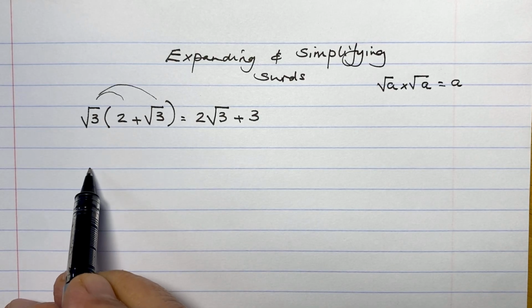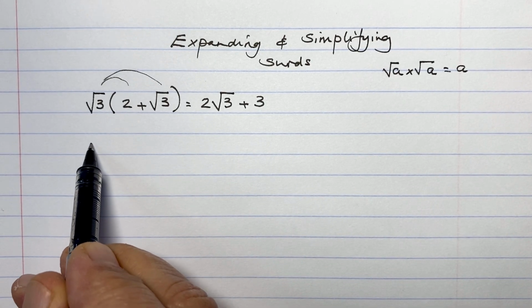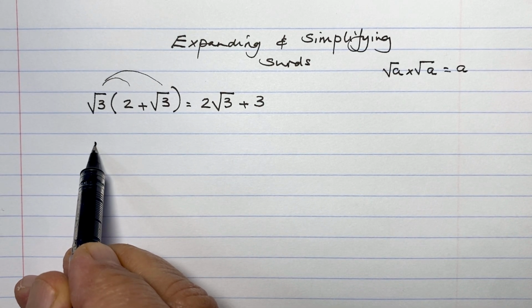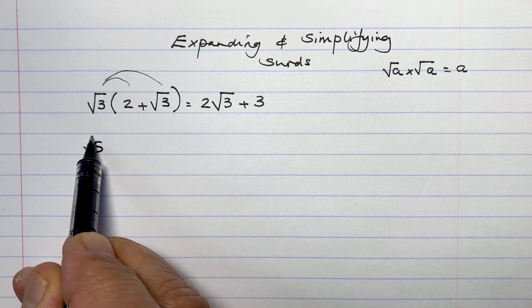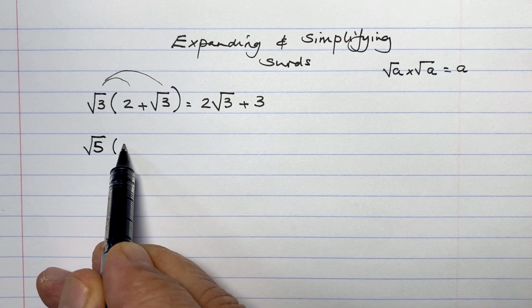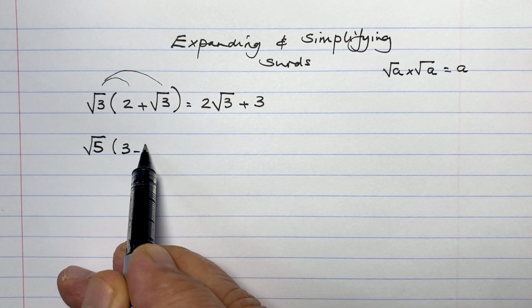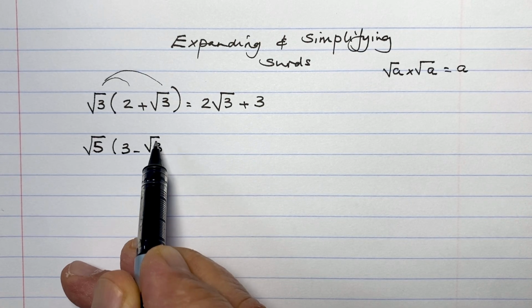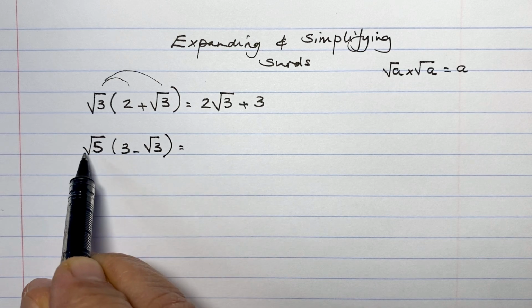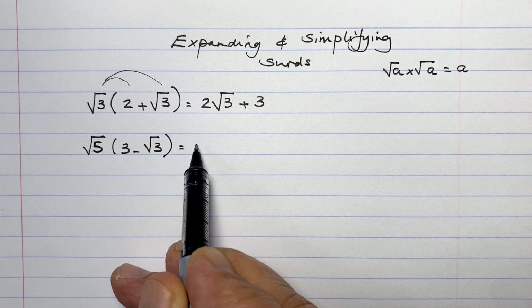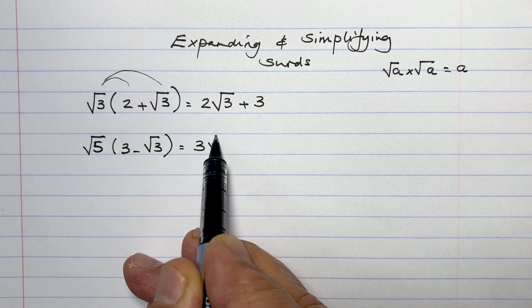Another example, root 5, open bracket, 3 minus root 3. Root 5 times 3, obviously 3 root 5.